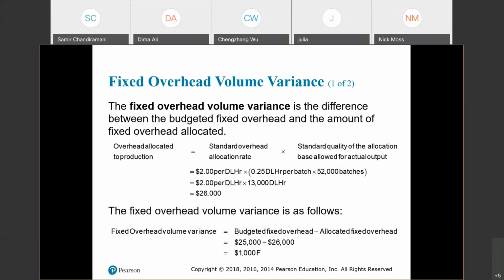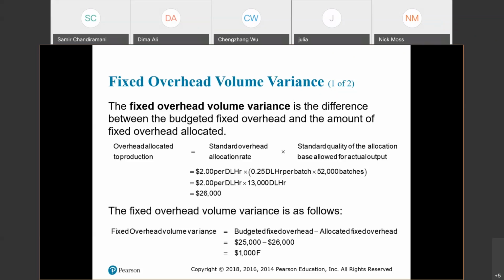So the fixed overhead volume variance is calculated as the budgeted fixed overhead minus allocated fixed overhead. We get a favorable $1,000.